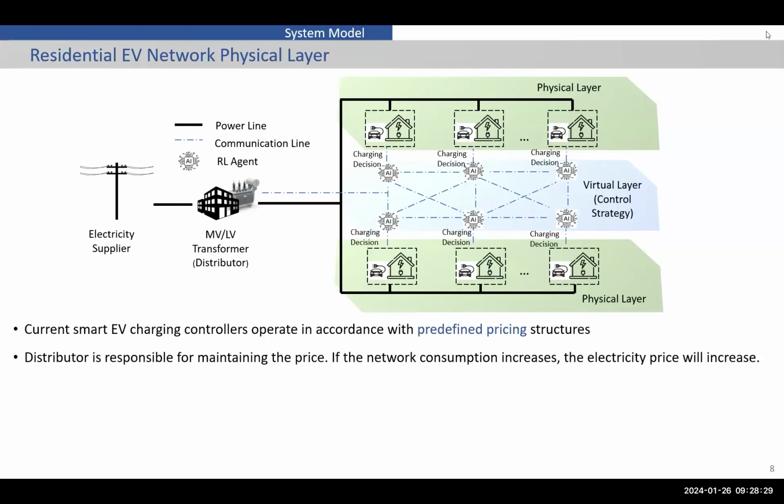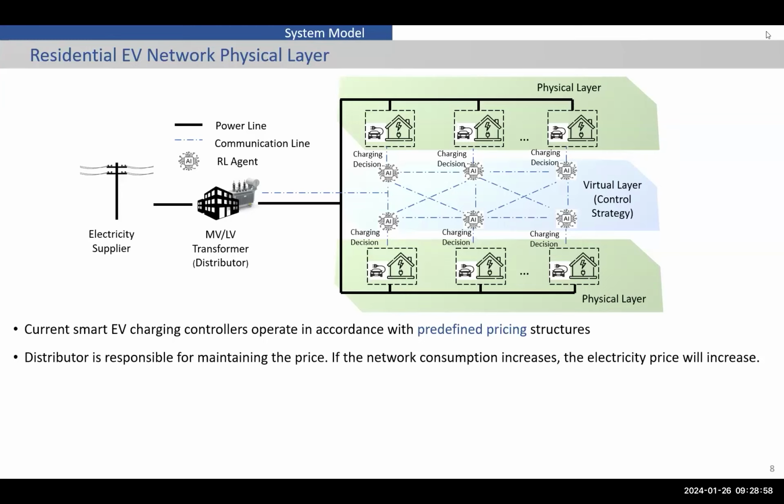But the point here is the current smart EV charging controllers in the market just work with a predefined price scale. What that means is that suppose you have a smart EV charging controller, and you plug in your EV, for example, at 2 p.m. and leave it until 6 p.m. That smart one optimizes the charging of the EV based on the predefined price.